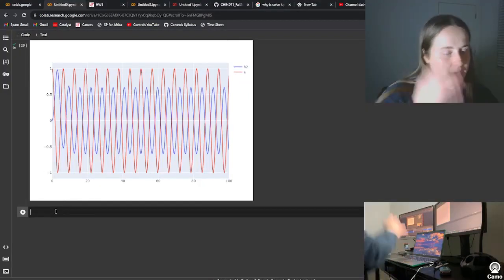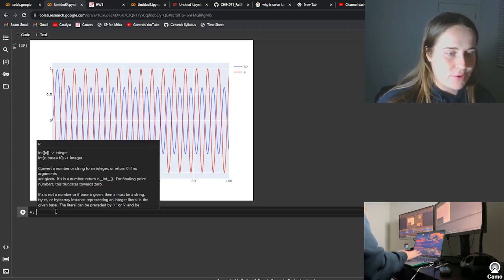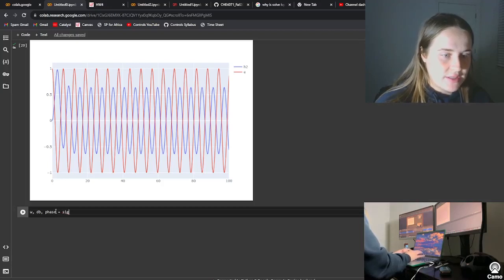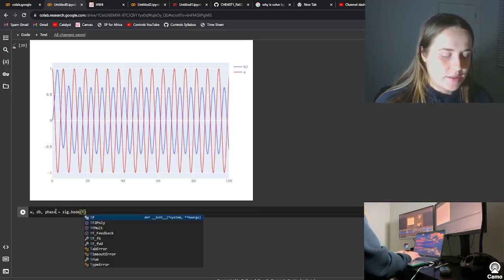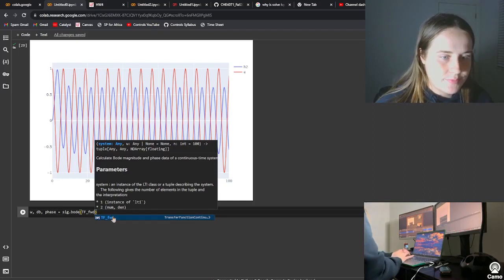Okay, so then we're going to come here to our Python, and I'm going to start with our Bode plot and it's going to be in terms of w, dB, phase, and this is equal to sig.bode of transfer function forward.